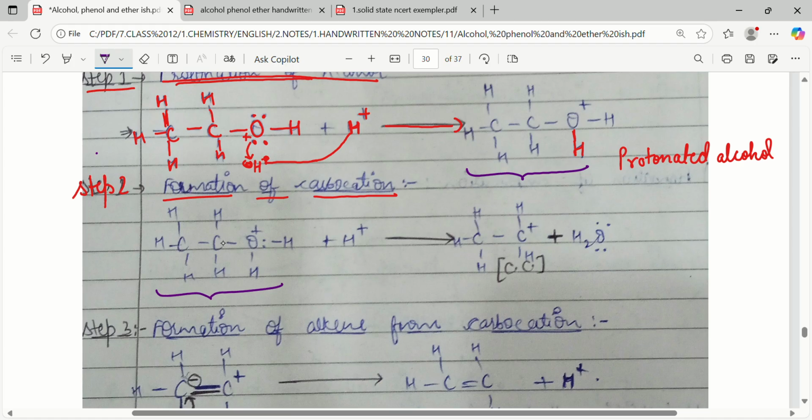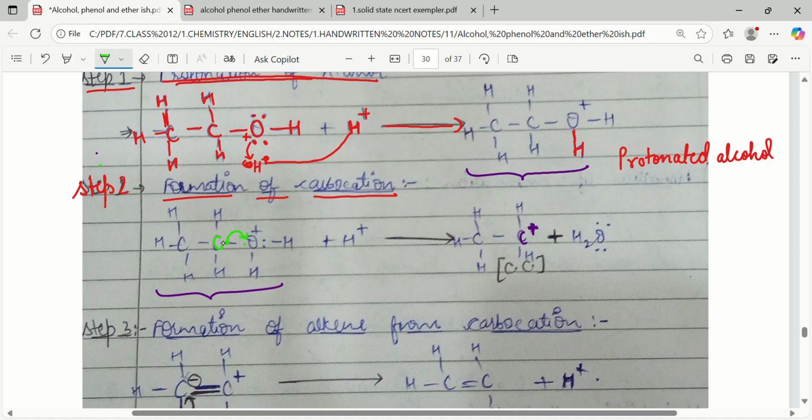Okay. Formation of carbocation: carbon with the positive charge. So I want a positive charge over this carbon. How? The electron of this carbon will be donated to the oxygen atom.